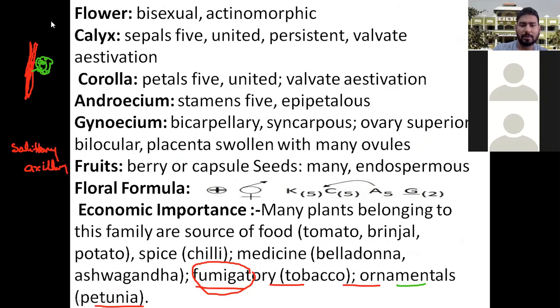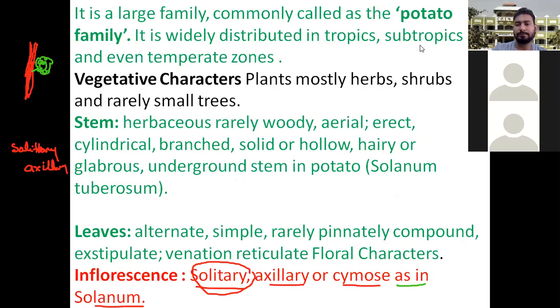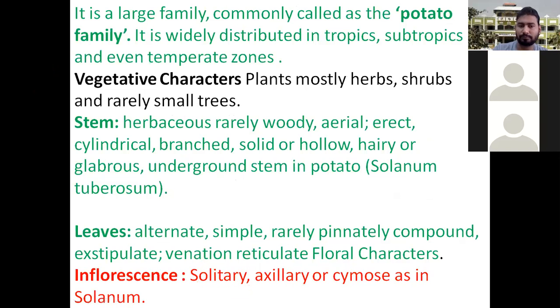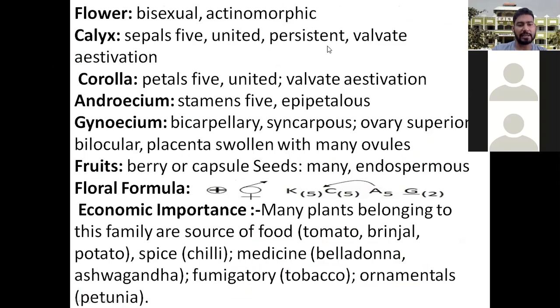Okay, yes. Next one, flower, same thing again repeated. Flower, that means family. We are talking about the Solanaceae. Flower bisexual, actinomorphic. Actinomorphic means the symbol will be here like that. Actinomorphic means the flower can be divided into two equal halves by more than one plane.